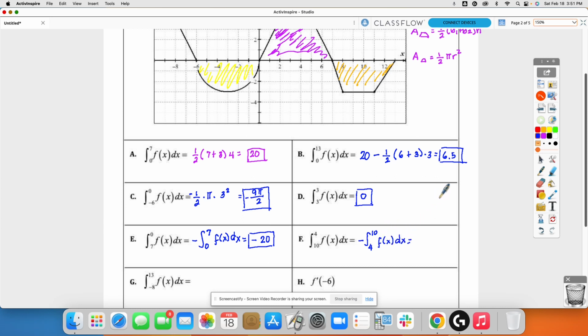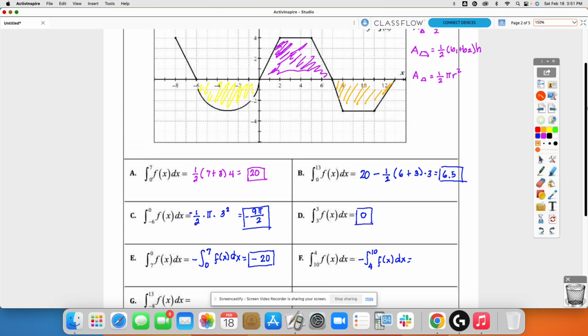And from 4 to 10, we have got this trapezoid right here, that area. And then this trapezoid here, that area.